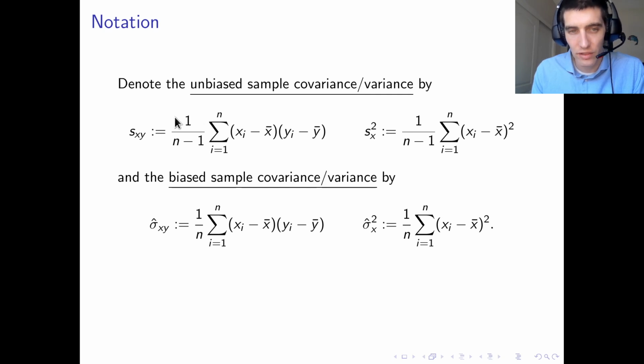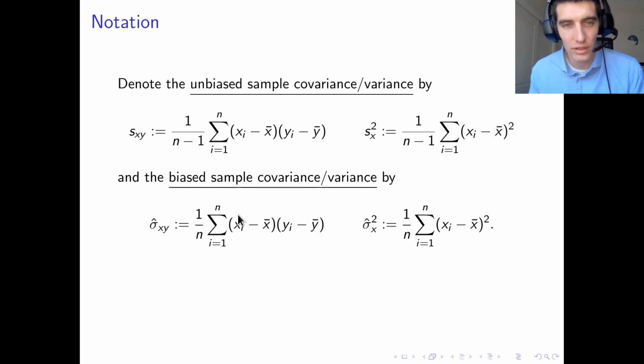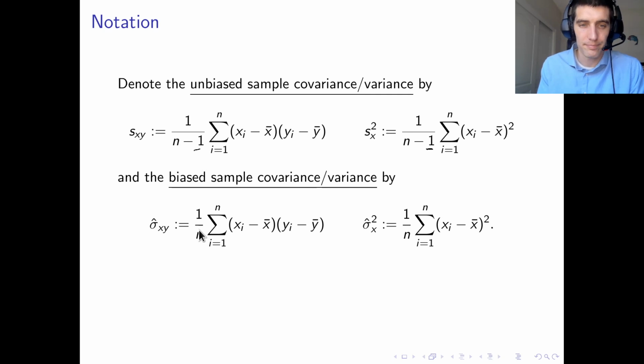This 1 over n minus 1 is conventional. It is a little less conventional, but sometimes happens that people will define sample covariance or variance with this 1 over n out front. Because we're going to see these different kinds of ideas where we're dividing by n minus some number, we're going to introduce special notation for it. So this is an unbiased version.